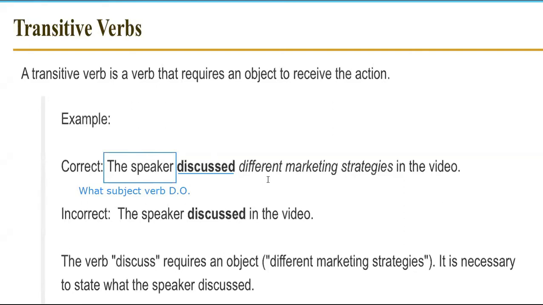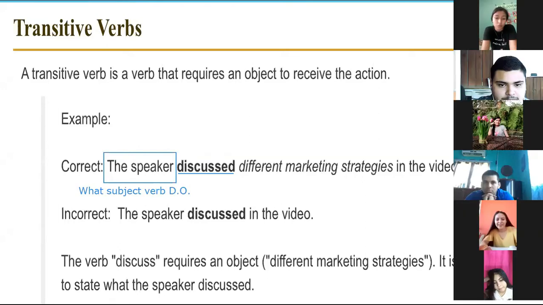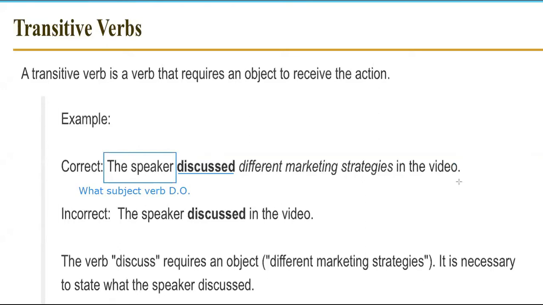Well, we have an answer. Let's see, Noelia, what is our answer for this question? What the speaker discussed? You have to unmute yourself. What the speaker discussed? A video. The video? Somebody else? No. That is strategies.